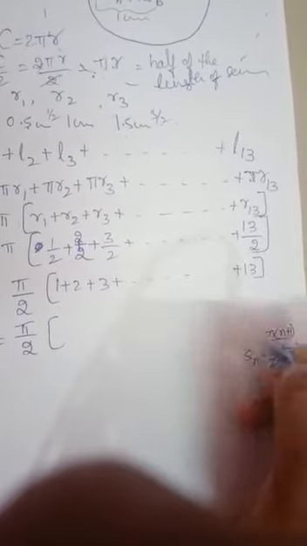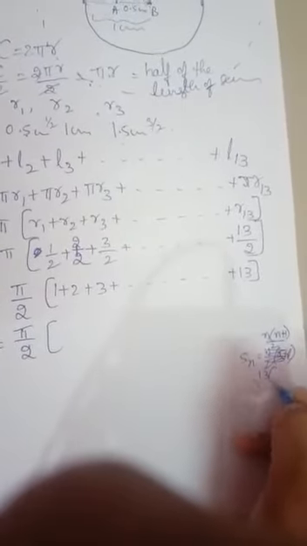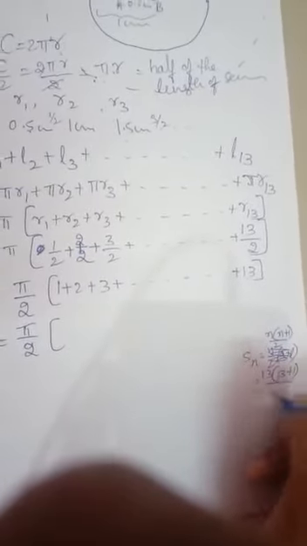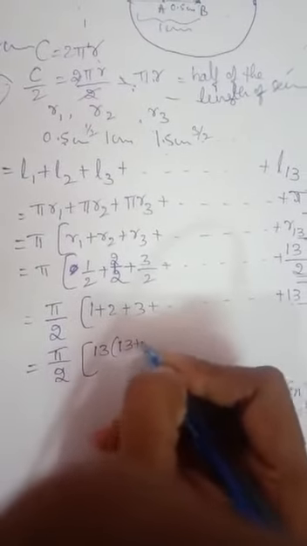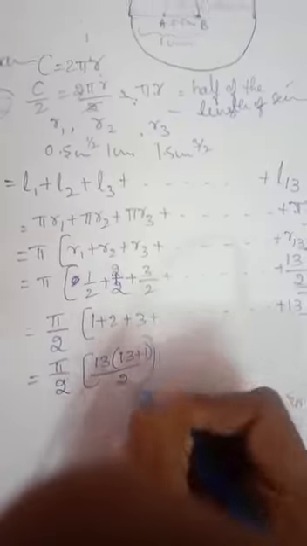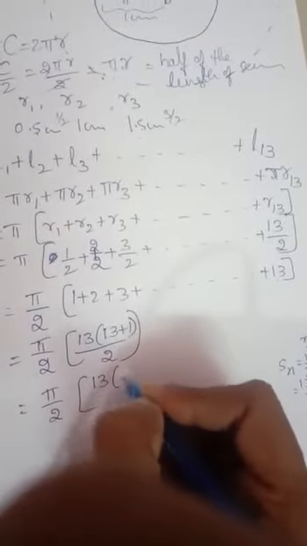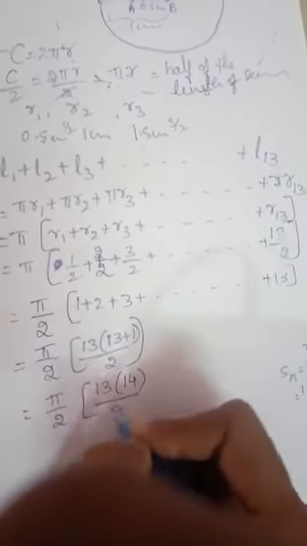There are 13 terms, therefore 13 into (13 plus 1) by 2 is the sum to 13 terms. Therefore pi by 2 into 13 into 14 by 2.